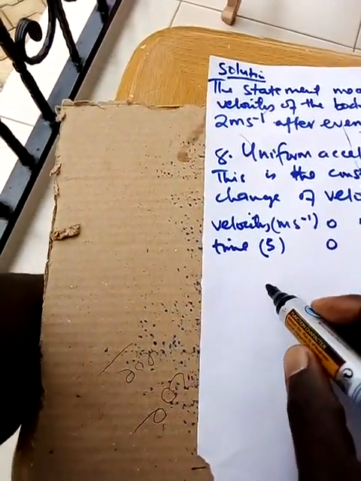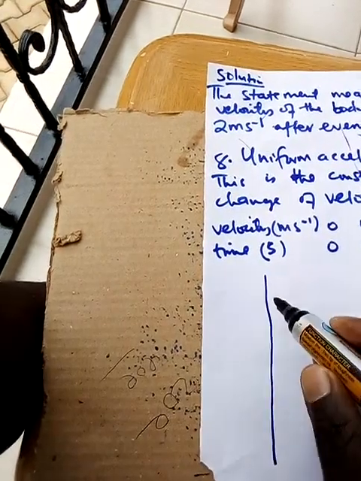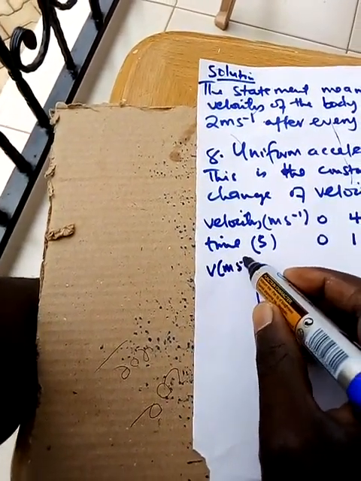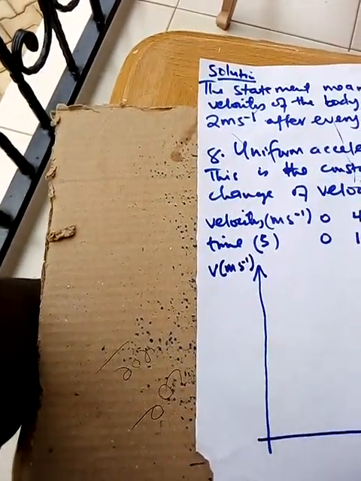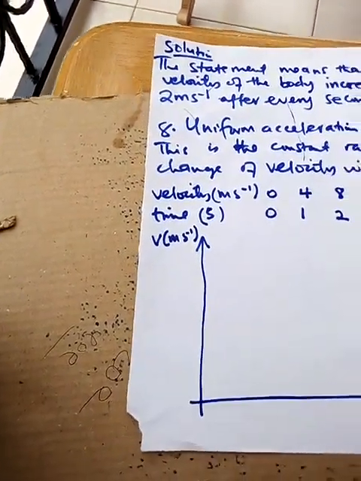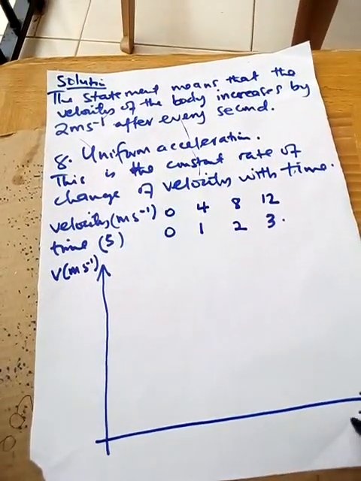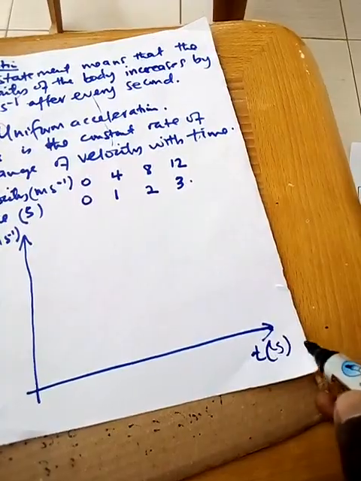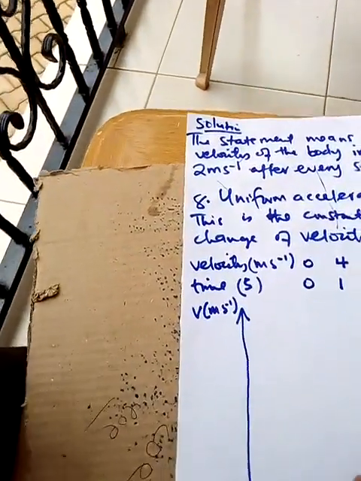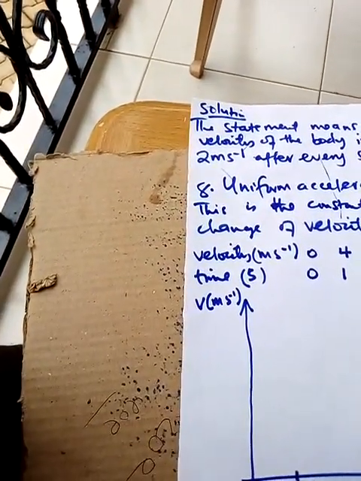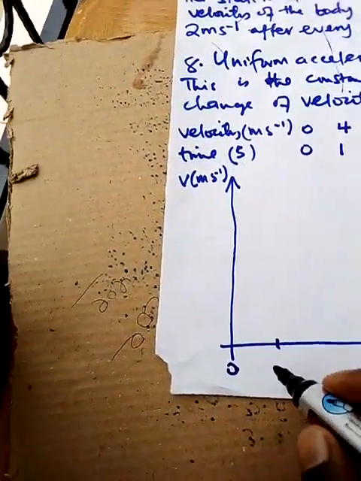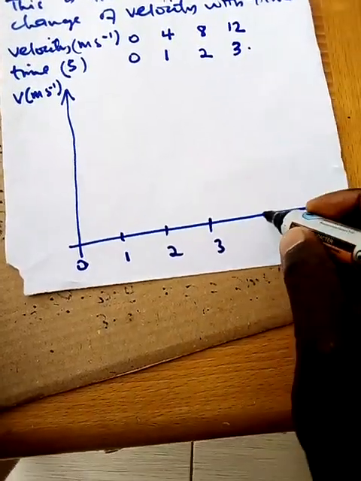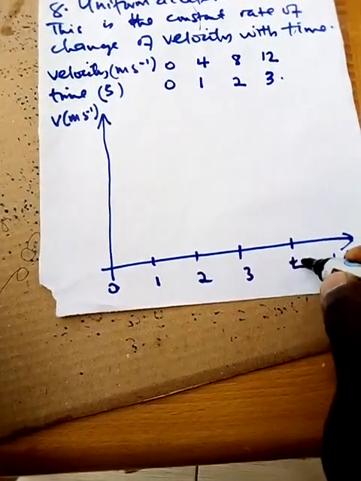If I'm to plot this graph properly, this is the velocity in meters per second against my time, which is in seconds. We have 0 as the starting point for time, then 1, 2, 3, 4.